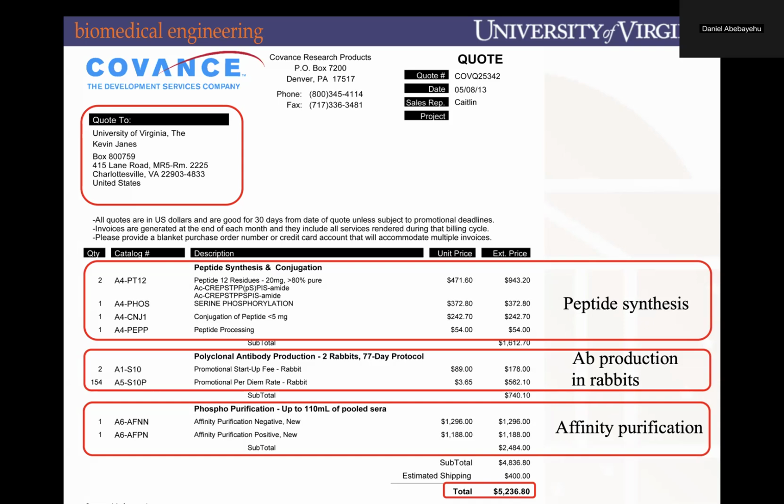Because there is the likelihood that if this antibody is so important to you, you don't want to mess it up, and if you're not familiar with doing peptide synthesis, it'd be easy to get that wrong. It'd be easy to get wrong the isolation of sufficient antibodies out of the animal and then to do proper purification.